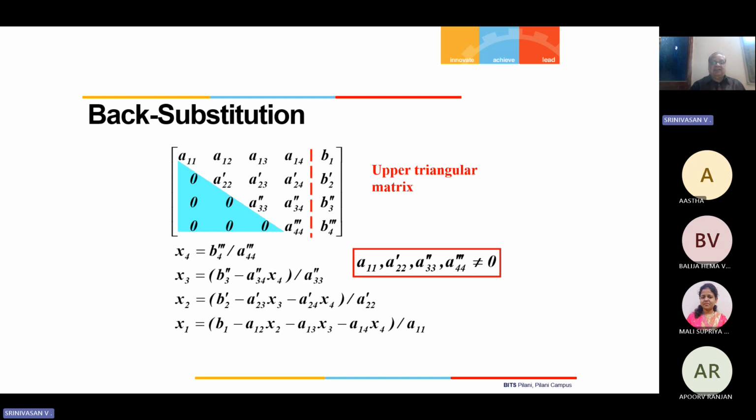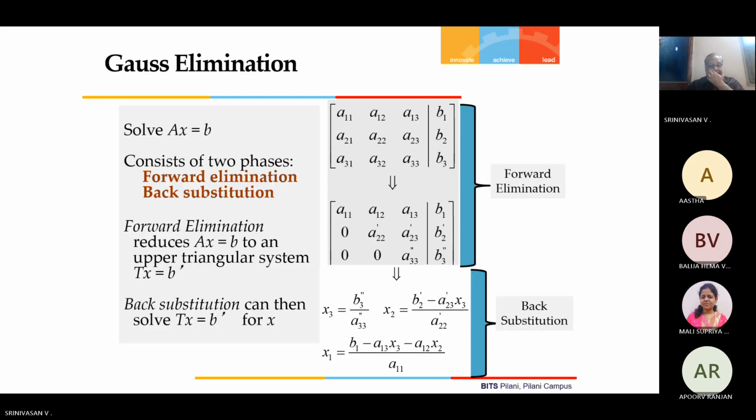This is exactly what we mean by the back substitution method, with the condition that all those denominators you are going to divide by will be non-zero. This is again explained here, the same thing.